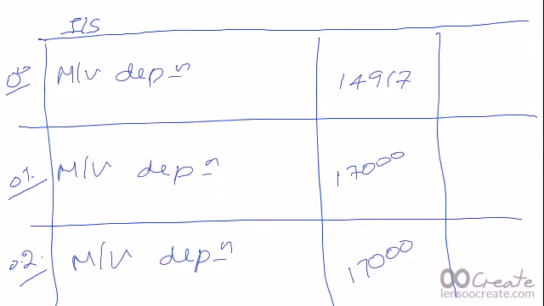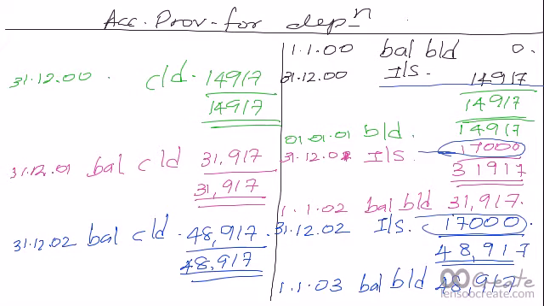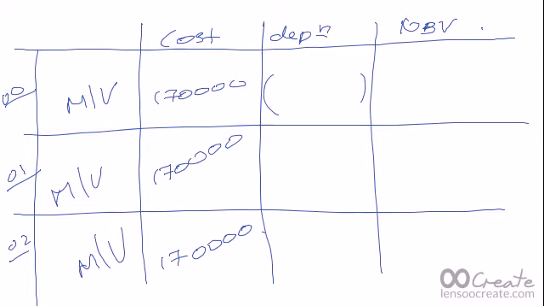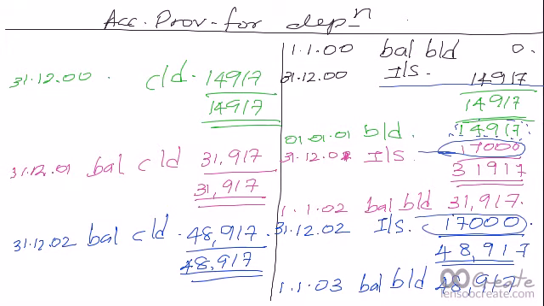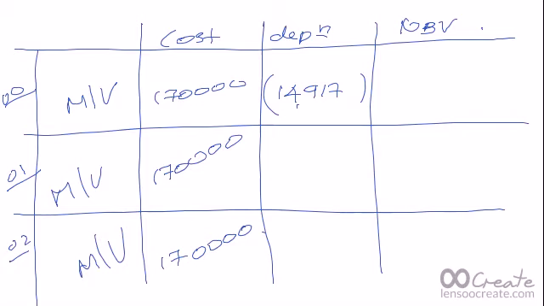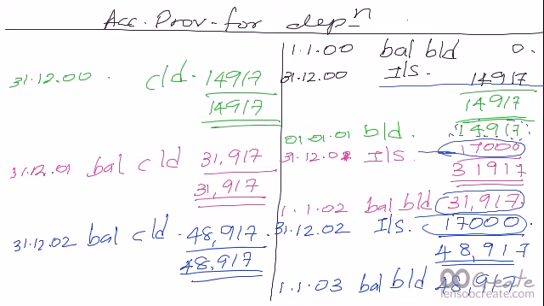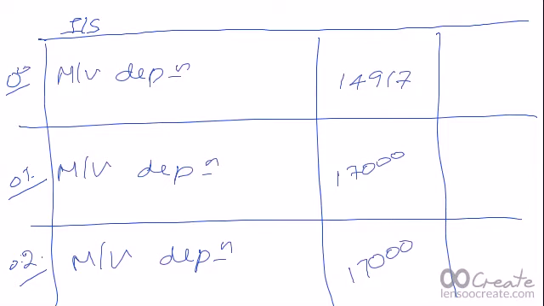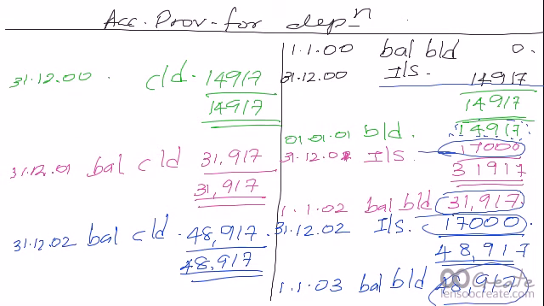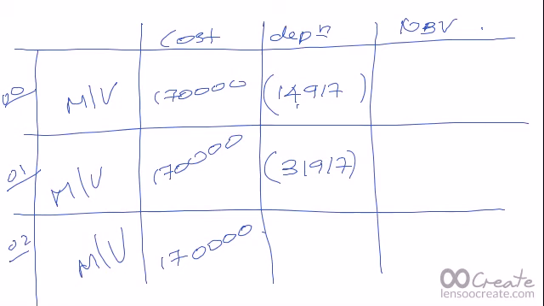Depreciation for the first year will be 14,917, for the second year 31,917, and for the third year 48,917. Now you deduct this and you will find the net book value.